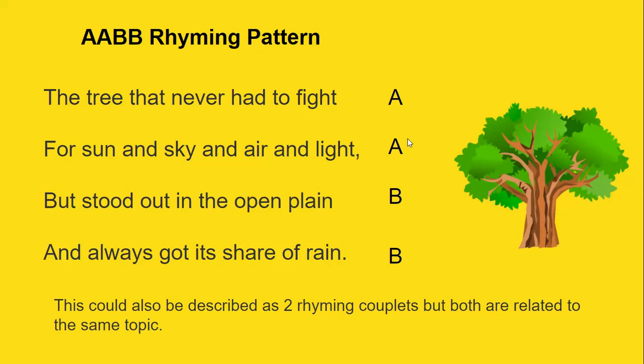So it's like a single poem, but it's using A, B, B, A. The tree that never had to fight for sun and sky and air and light. Can you hear the stress on those syllables? The tree that never had to fight for sun and sky and air and light, but stood out in the open plain and always got its share of rain.